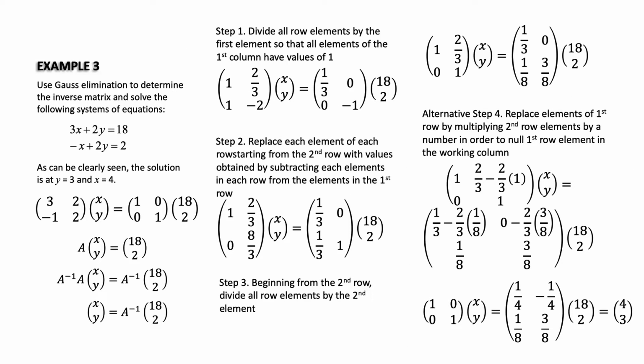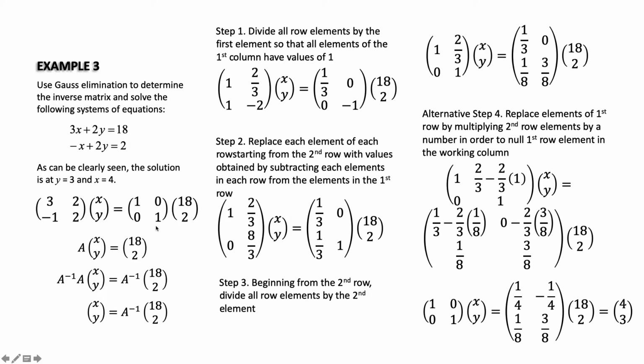In this example, what you are going to do is to multiply the column matrix in the right-hand side by the identity matrix, as we see here. So in other words, we inserted an identity matrix on this side.